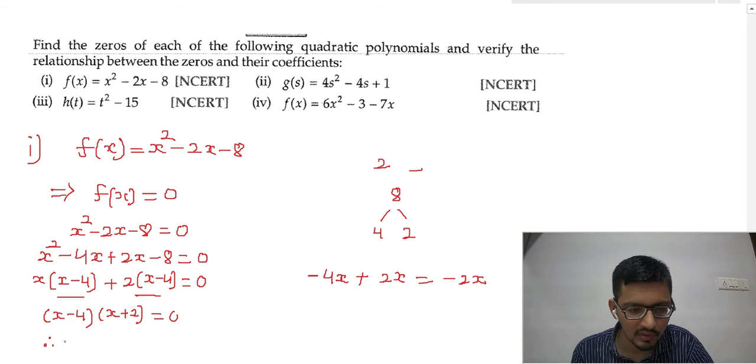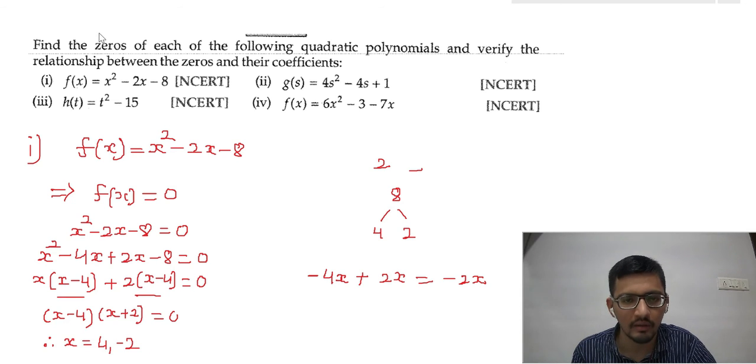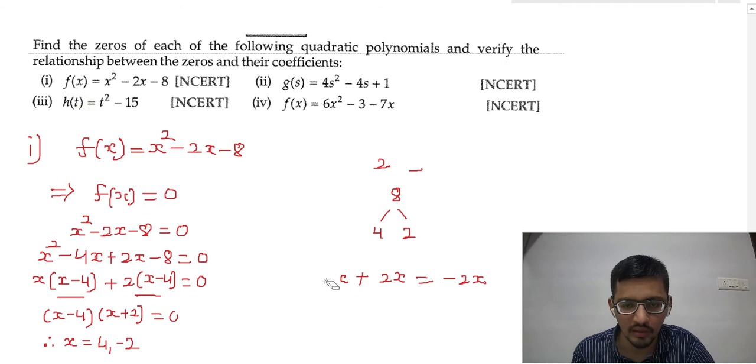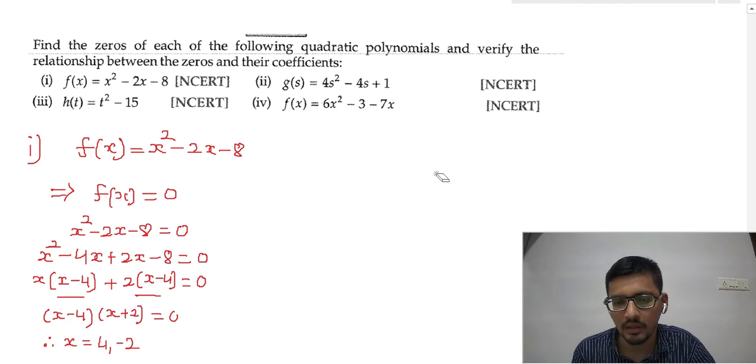So what are the possible values of x? You will get 4 and minus 2, x equal to 4 and x equal to minus 2. So 4 and minus 2 are called the zeros of this quadratic polynomial. That was the answer for question number 1.